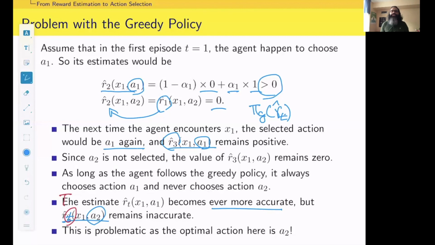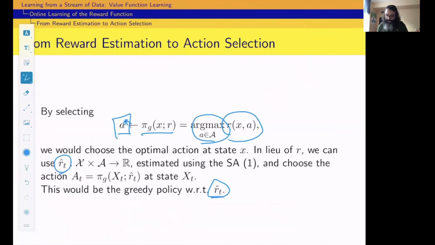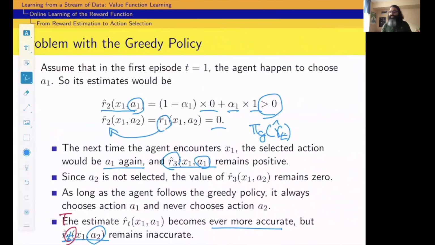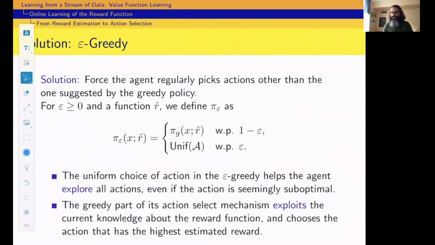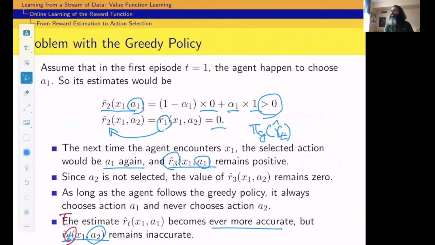Maybe it's good to think about why the greedy policy is failing. If we knew the actual value of R, the greedy policy would be the optimal policy, right? If we know the actual R, the greedy policy chooses the optimal action. There is another comment, let's see.